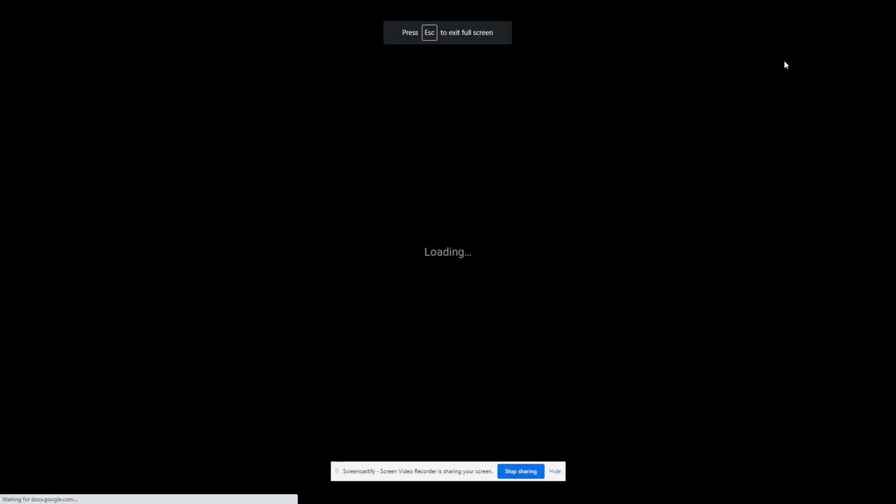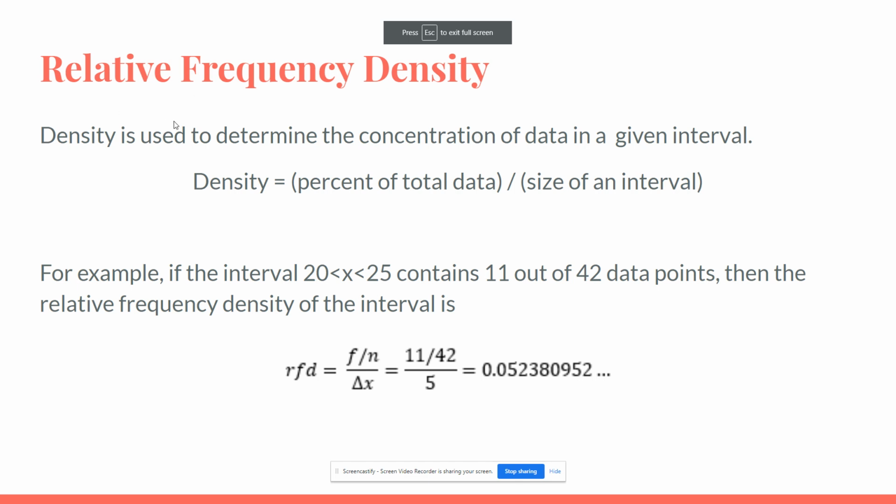When we talk about relative frequency density, density is used to determine the concentration of data in a given interval. We take the percent of total data and then divide that by the size of the interval. So really this is the relative frequency divided by the size of the interval. For example, in that last one, the interval from 20 to 25 contained 11 out of the 42 data points.